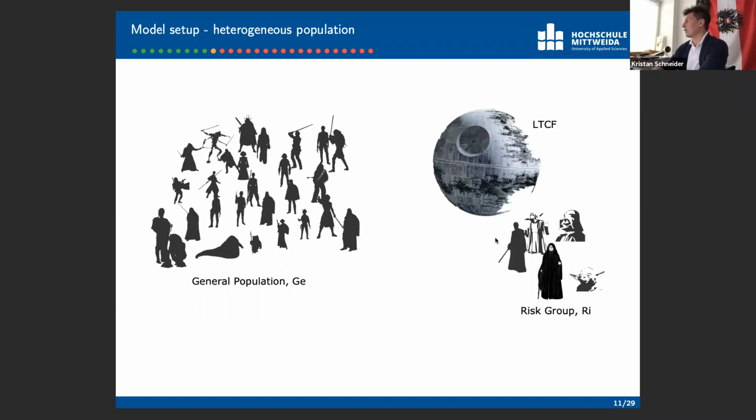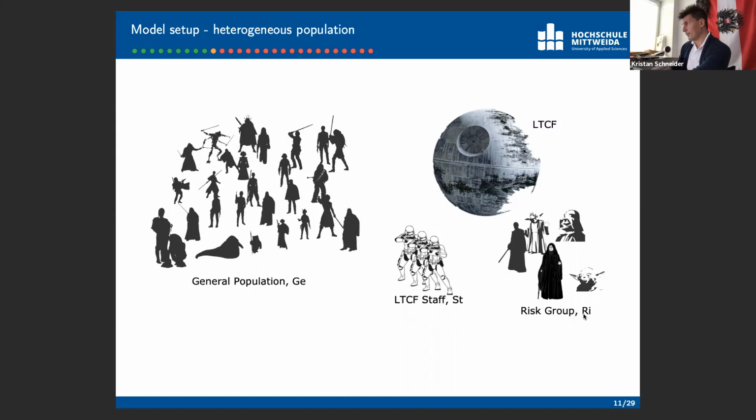They are locked in there, so they have contacts among themselves. Then you have a link to the outside world, which is the employee population, let's call it the staff. So we call it GE for the general population, and RI for the risk population. That is essentially our setup.